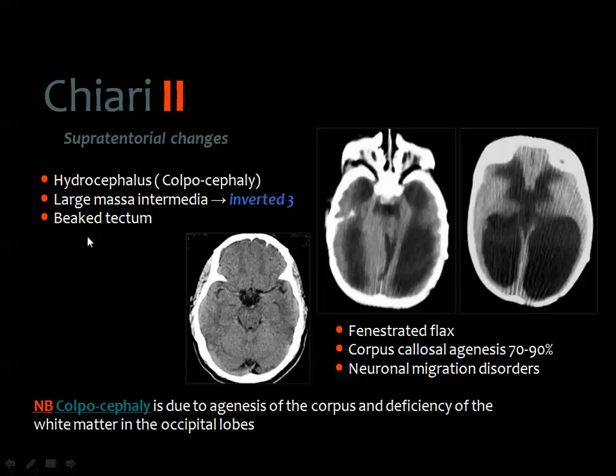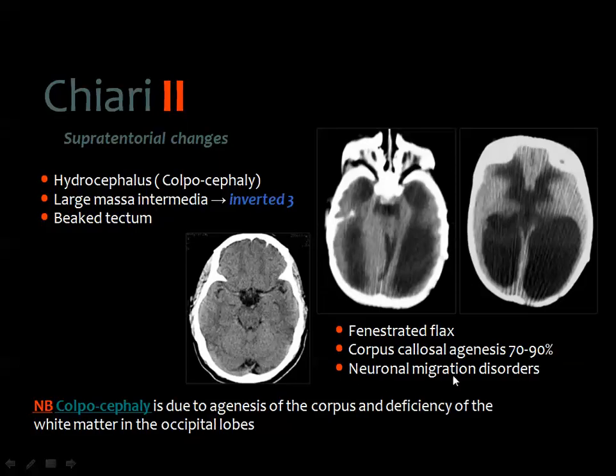Then hypertrophy of the basal ganglia will indent the ventricles. This is the region of the caudate nucleus, and this is the region of the thalamus. These indentations will result in the figure of 3 on one side and the inverted 3 on the opposite side. And of course, agenesis of the corpus callosum is seen in a good percentage of these patients.